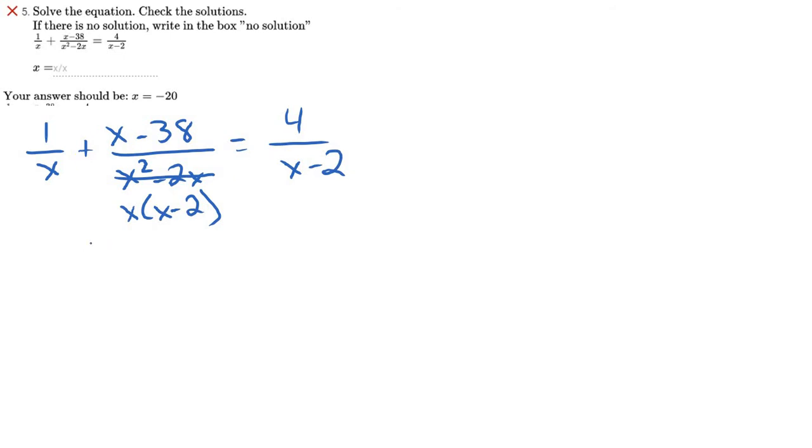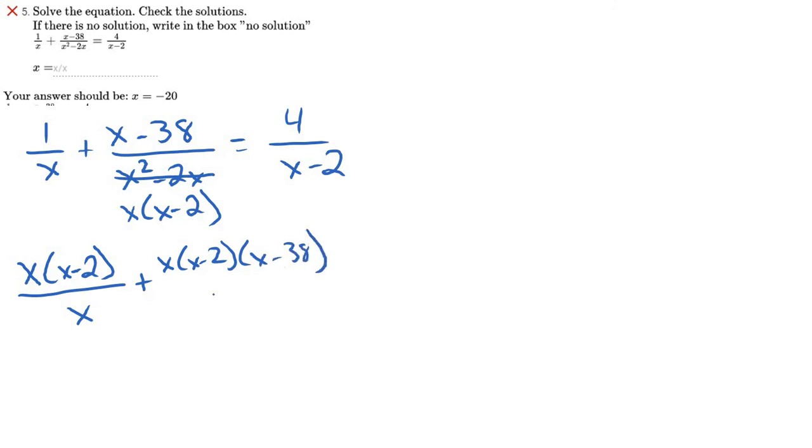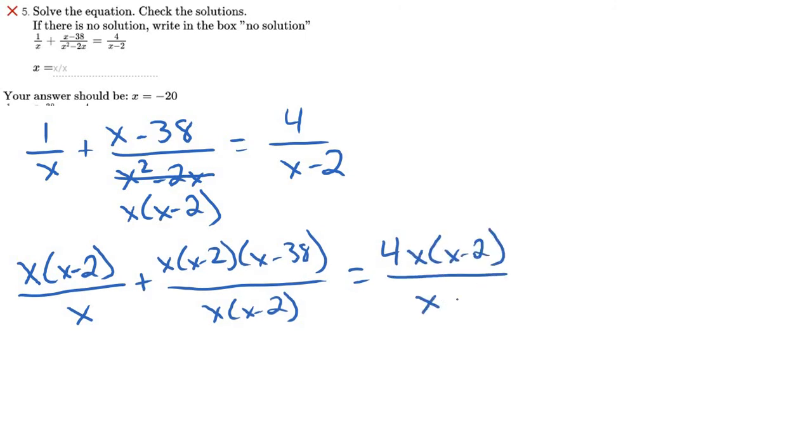Let me show that step really clearly. So x times x minus 2 times 1, of course that's not going to change anything, that'd be over x, right? And then here, let me go ahead and show it again. x times x minus 2 times x minus 38 over x times x minus 2 equals 4 times x minus 2 all over x minus 2.